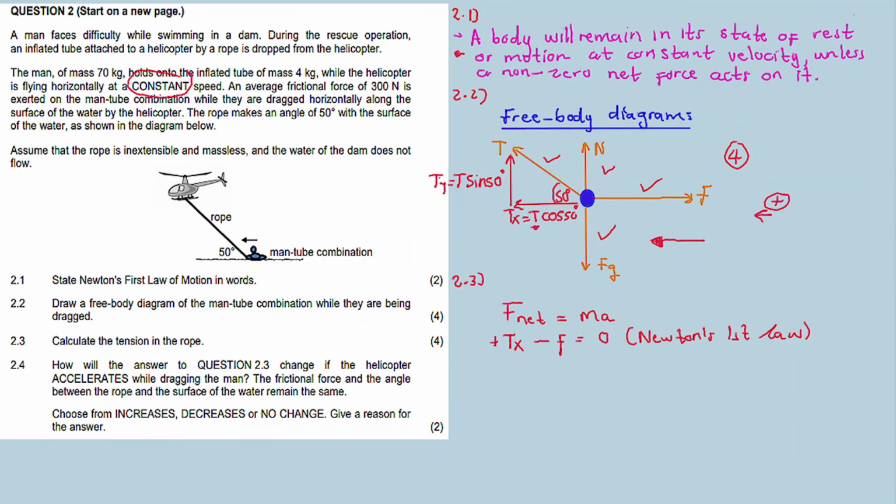Pay attention to the definition of Newton's first law. Now we substitute again. Tx is T cos 50 degrees minus 300 newtons, because the frictional force is 300. Therefore, we calculate for T by transposing the 300 and dividing both sides by cos 50 degrees. T is equal to 300 over cos 50 degrees.